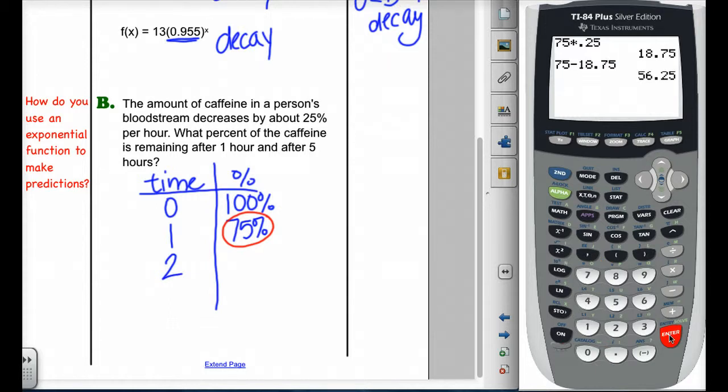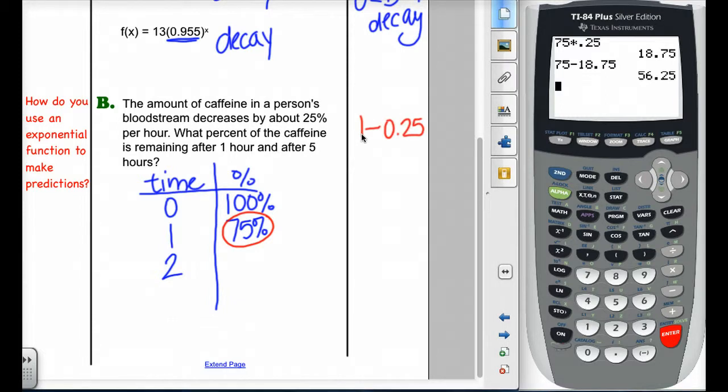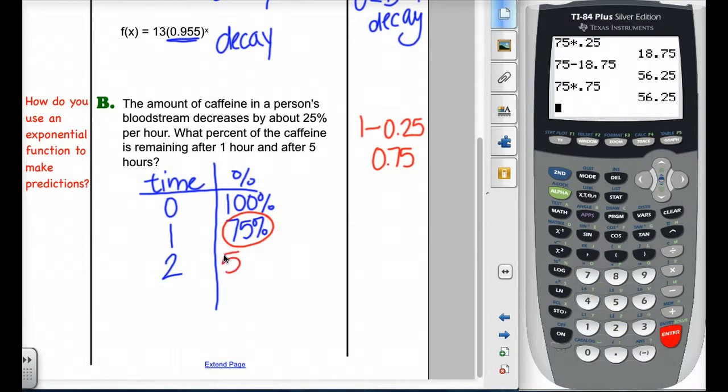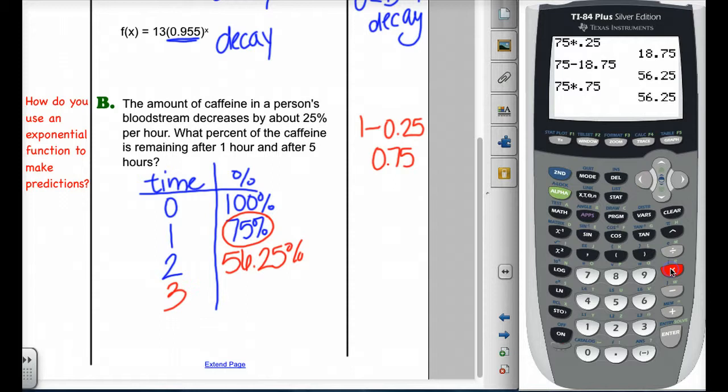Now this is where that rate comes in. If we take 1 minus 0.25, which is how we would find our b value for the equation, we get 0.75, which means we can use that to say 75 times 0.75, and we get that 56.25%.